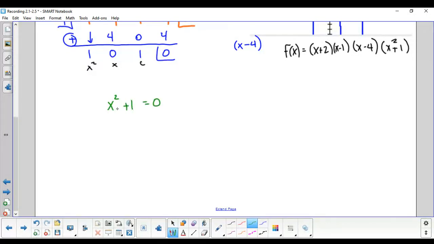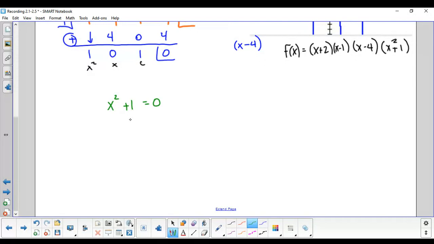Now, normally, if I had a middle term or a middle x value, I would want to use the quadratic formula to solve this because we already know there aren't any more rational zeros and I'm not seeing any more real zeros on the graph, so therefore it's probably going to be a complex 0. And those are only found with the quadratic formula.